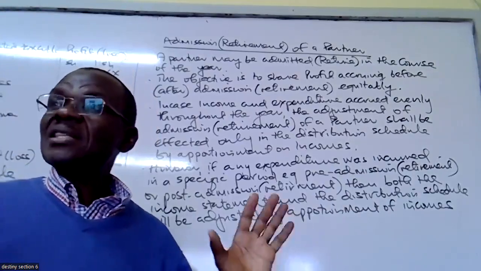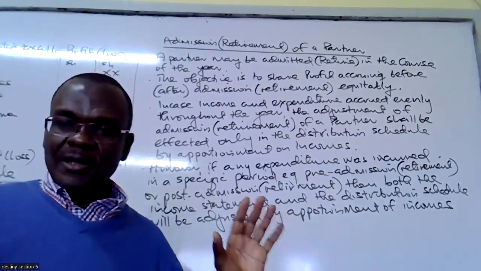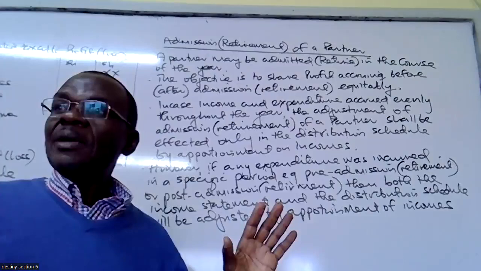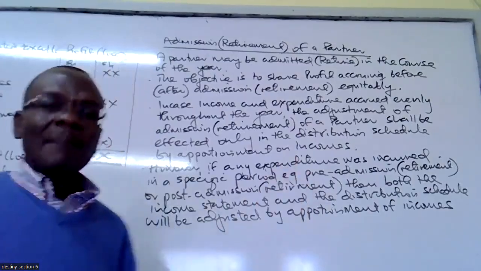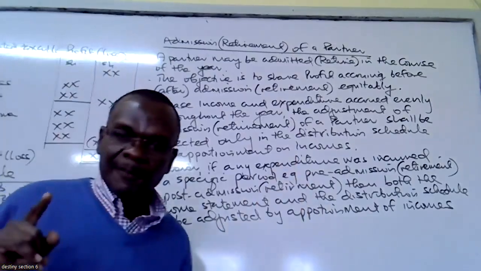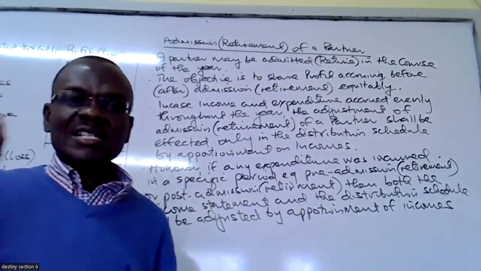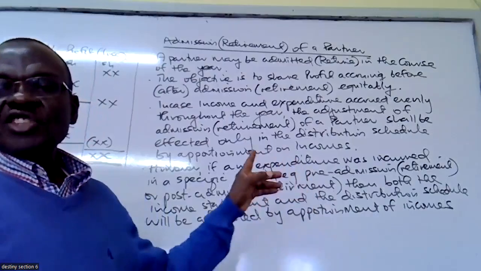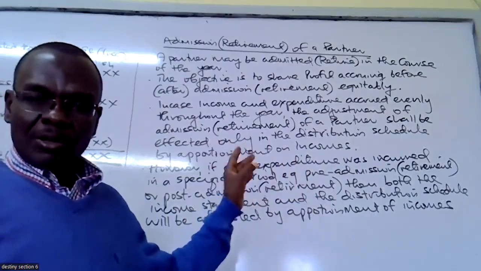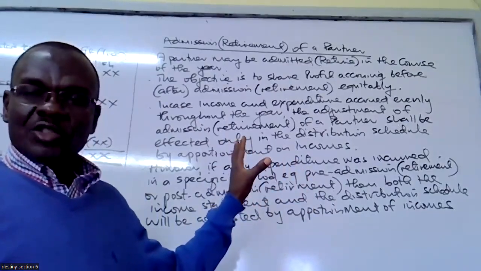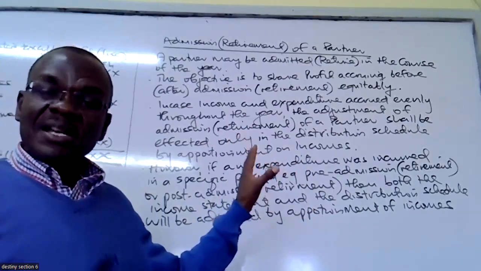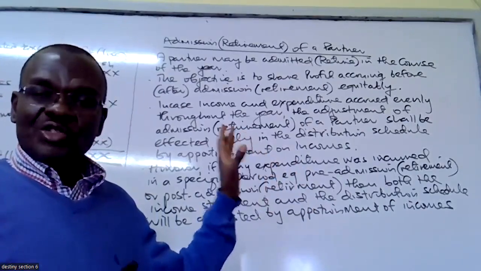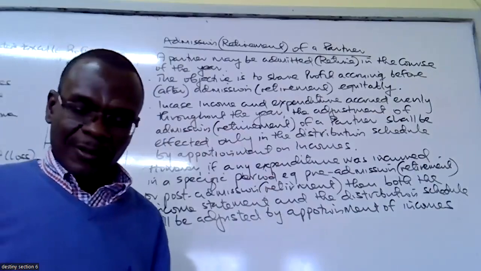So you only adjust the distribution schedule if everything accrued equally. But in case there is one expense that did not accrue equally, then you must charge that expense to the correct period in the income statement. So you'll have the income statement split into columns and you charge it into the correct period.